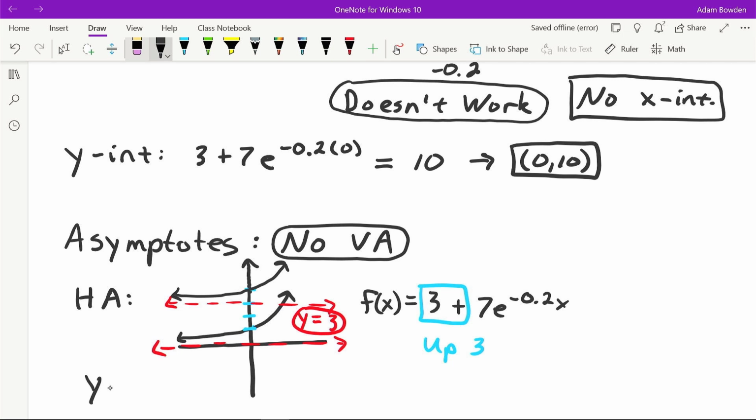So that's our answer for the horizontal asymptote, y equals 3. So if you do see a similar example in the homework, you can actually just use that number that's being added there, like the 3 plus, to determine what the horizontal asymptote would be.